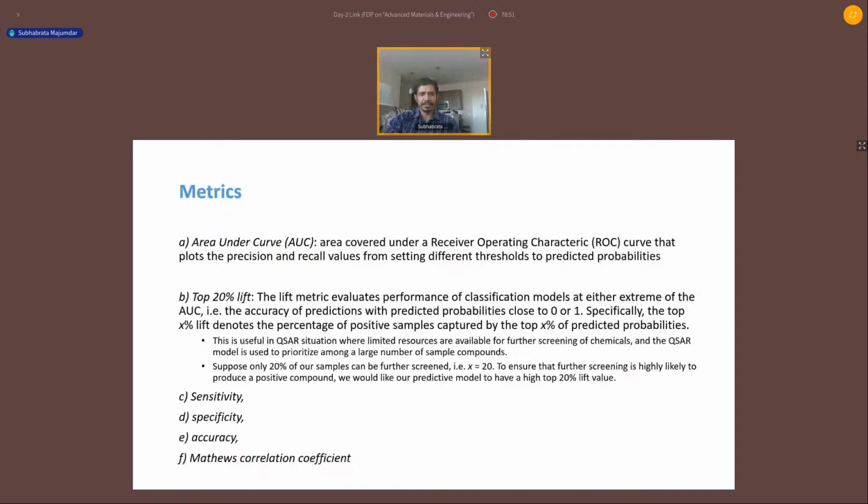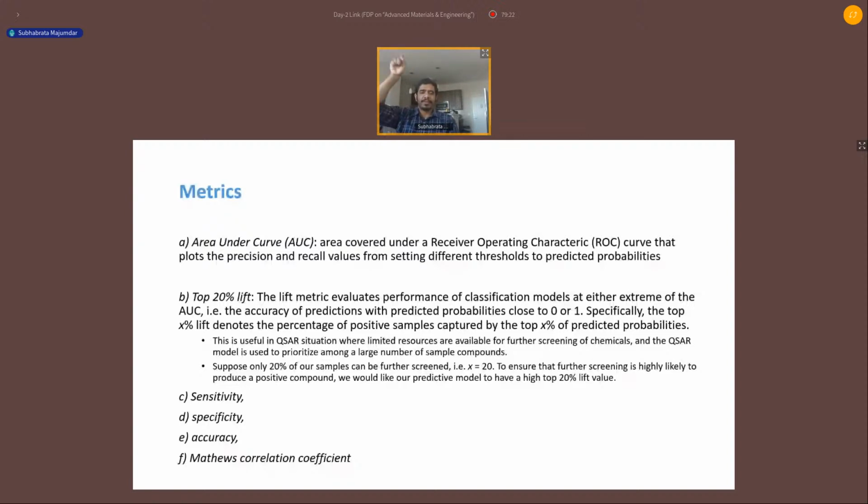That's useful in the QSAR situation, because in a practical situation there are often limited resources and you can only screen, say, 20 chemicals. In that case, you're not interested in the overall performance of the model, but you want to see how the top candidates perform.